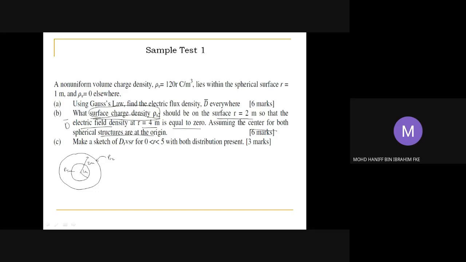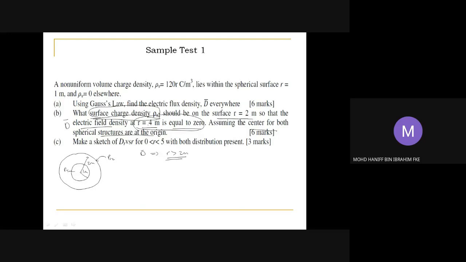Okay, it is given that the electric flux density at r equals 4 is equal to 0. It means that you need to find the flux density D for a region of r bigger than 2 meter. That is our aim now, because 4 meters is outside, or bigger than 2 meters.